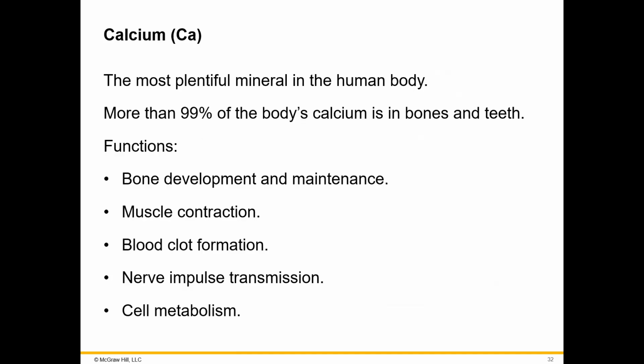Okay, all cells need calcium, but more than 99% of your body's calcium is in the inorganic form that is in your bones and your teeth. And you see here why calcium is essential.